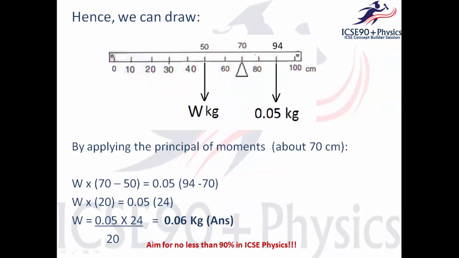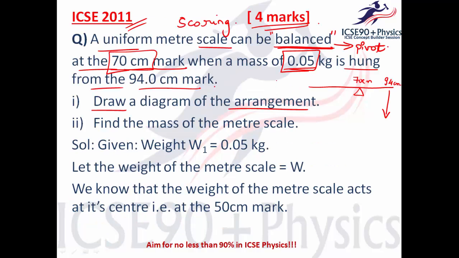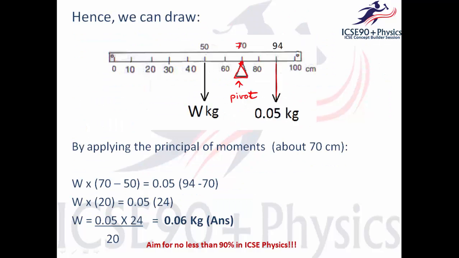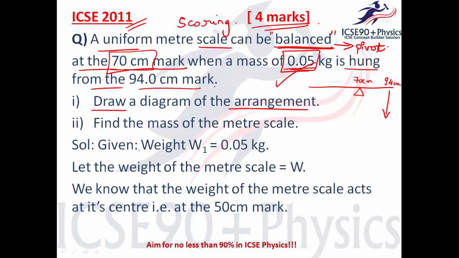So this is how the diagram would appear. Remember, the pivot is represented by a small triangle, right? So this balance point is at the 70 centimeter mark, with the weight of 0.05 kg acting at the 94 centimeter mark as shown. Secondly, we are asked to find the mass of the meter scale.